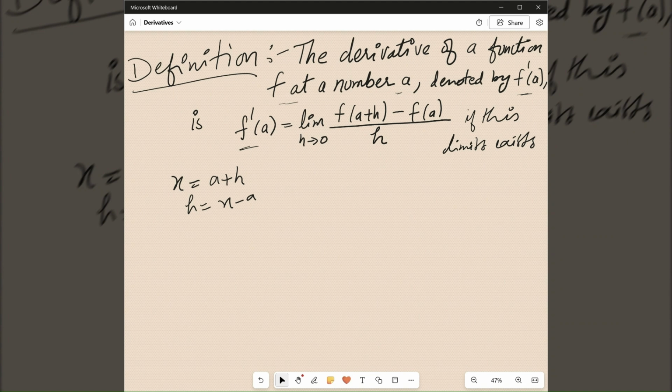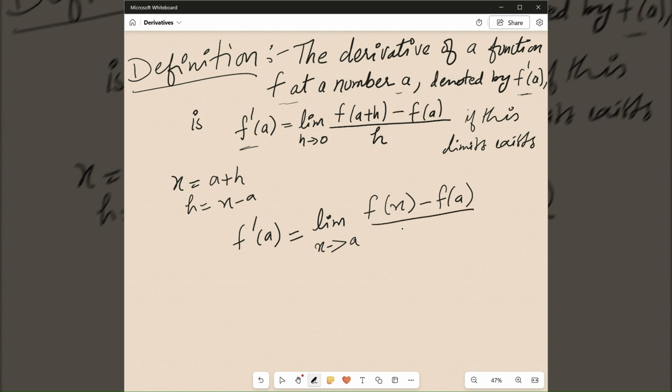So the new definition would be f prime of a is equal to the limit as x approaches a, because h approaches 0 if and only if x approaches a, of f of x minus f of a, divided by x minus a.